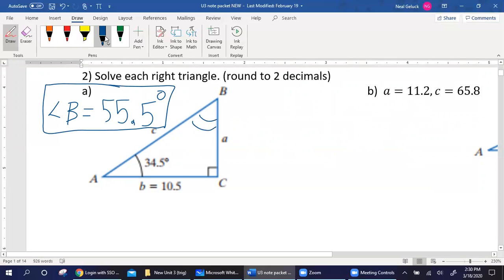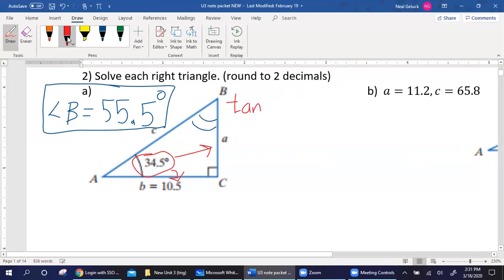Now, I could use that angle that I just found for later calculations, but since I found it, I'm wary to use it, because if it's wrong, everything else is going to be wrong. So I'm going to go back to the given angle, 34.5. And let's say I want to solve for lowercase a now. Well, that is opposite. And the side length that I know is the 10.5, which is the adjacent. So opposite adjacent is going to be a tangent problem.